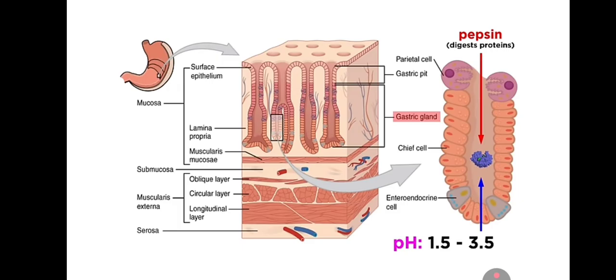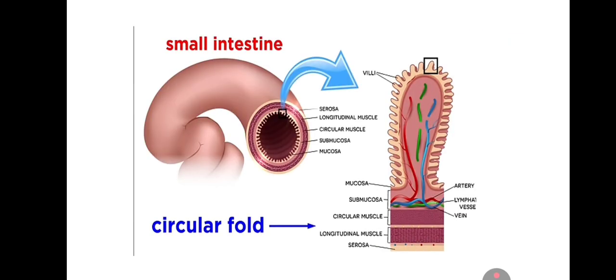Here you all can see that the small intestine is comprised of some microstructures which are called the villi. This is our small intestine. The small intestine has three parts.